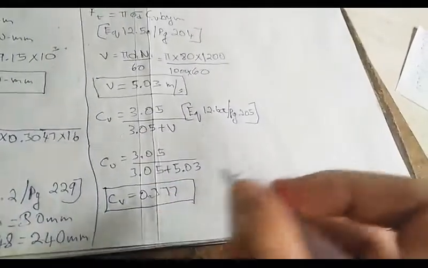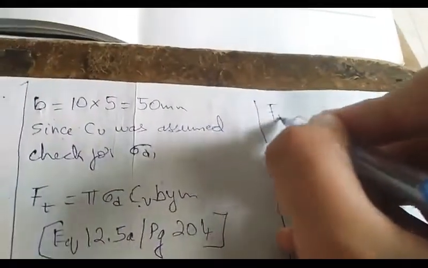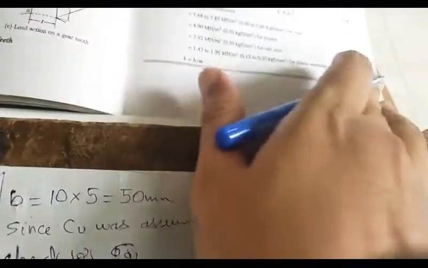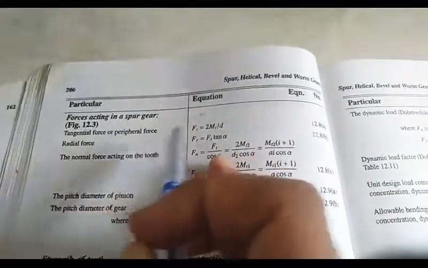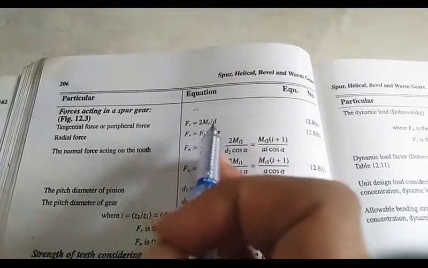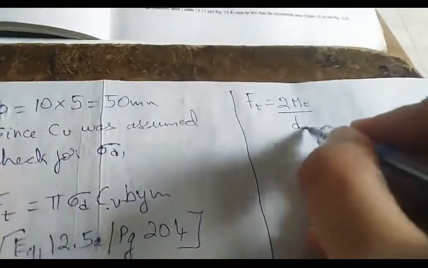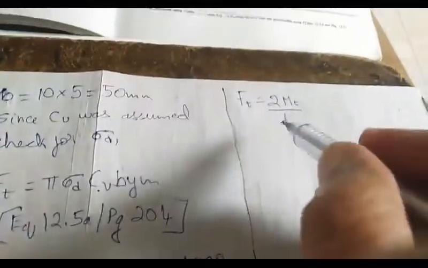Now we'll find the value of FT. FT I'll get from page number 206. Here 12.8a, this is FT. Tangential force is equal to 2 mt divided by d. So this is d1 since design is based on pinion.